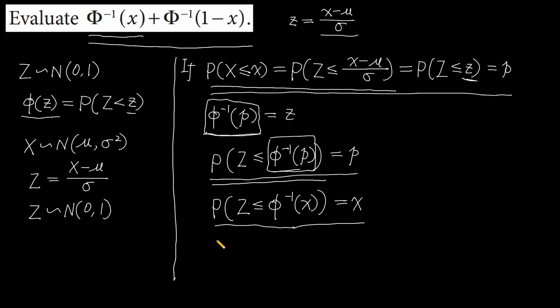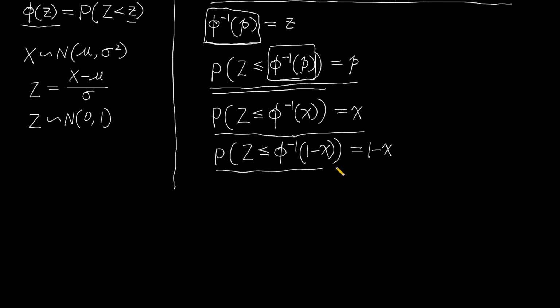And we also get the probability that the random variable Z is smaller or equal to this, here is 1 minus x. This equals 1 minus x.